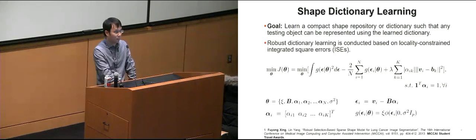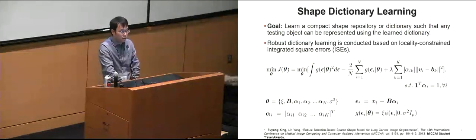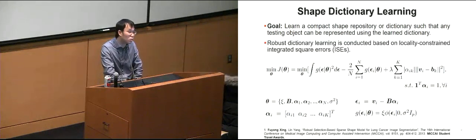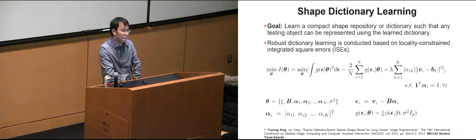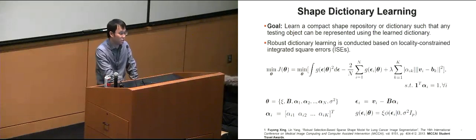Here we want to minimize the integrated square errors, and we also add a local regularization term here as well, because we want to guarantee local smoothness, which means for similar cases, their representations should be similar. So actually, this model is very complex. It has a lot of unknown parameters. It's not easy to solve this problem.